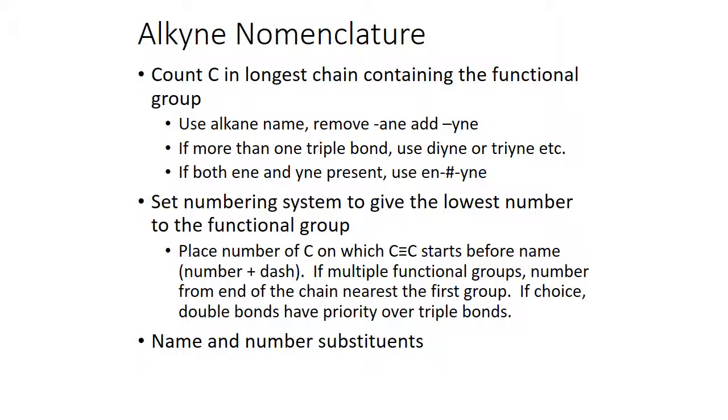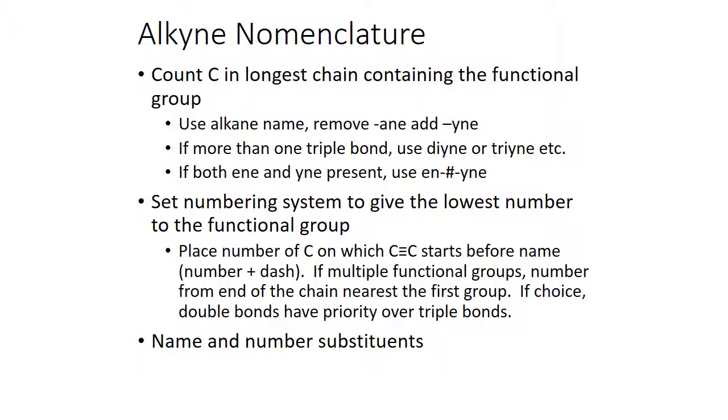Of course, you have to number where they are. We'll go through several examples to try and hone this down, but always remember to find the longest chain with the functional group. As we learned last semester, enes are subordinate functional groups to functional groups that contain oxygens and nitrogens, and so are ynes. Find the longest chain containing the functional group, and then set the numbering system to give the lowest number to the functional group.